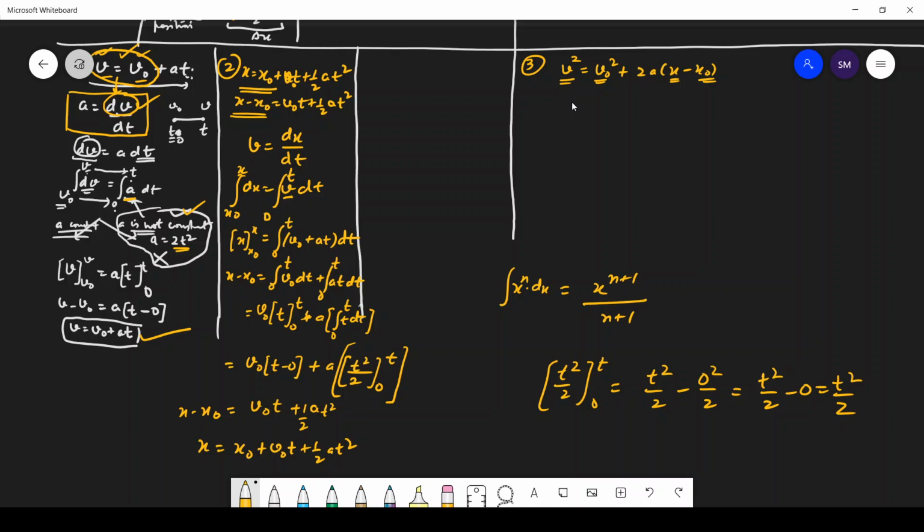So definitely you need v dv, like t dt, then only you get t square by 2, and this 2 on this side becomes null. So definitely you need v square minus v naught square equals 2a(x minus x naught). So here you need dv, right? And this side you need dx. Agreed or not agreed?